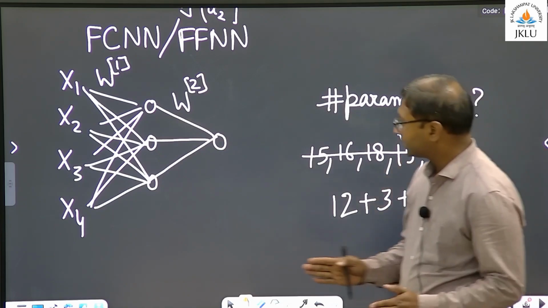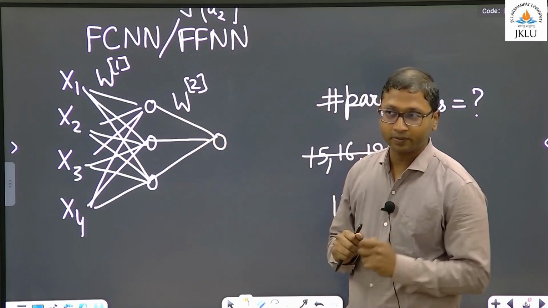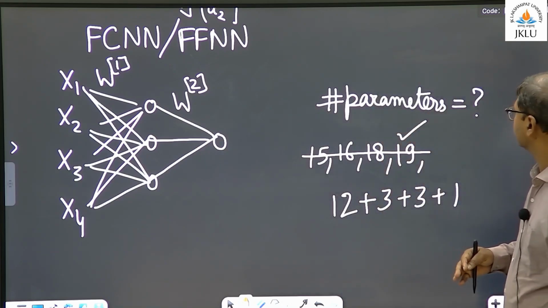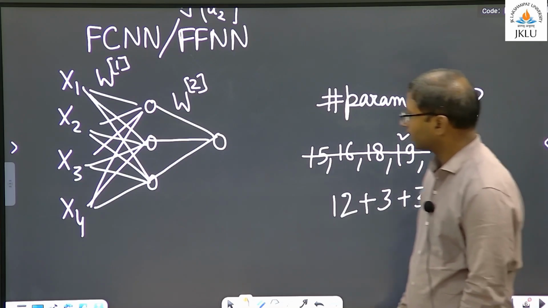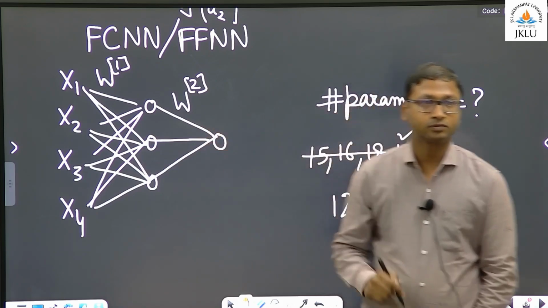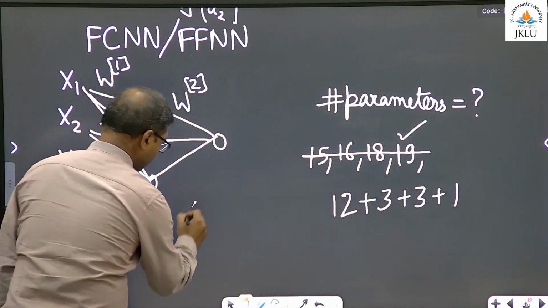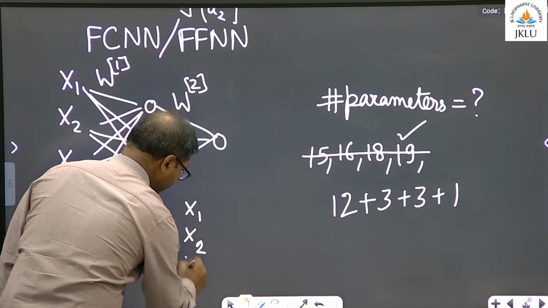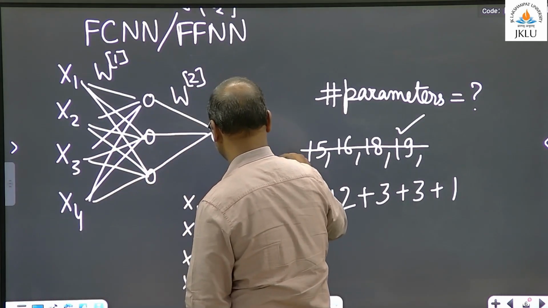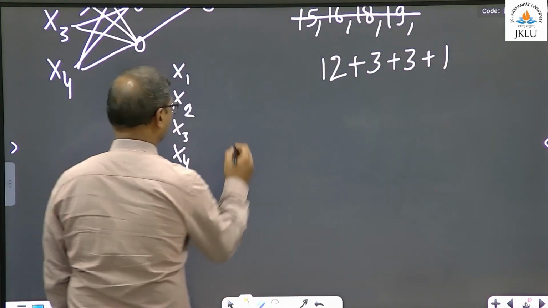There will be a question in the midterm where I will give you a neural network and ask how many total parameters are in it. Now, one more time, with a different example. So x1, x2, x3, x4, x5.